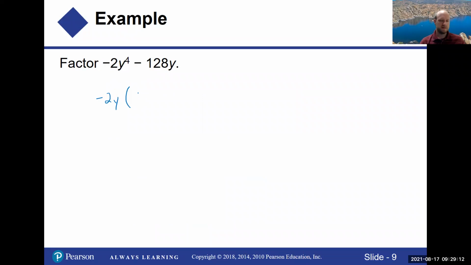So this is going to be y to the third, and then minus, let's see, 128. Oh, that's got to be a plus because when I distribute it, it's got to still be a minus, but then this is going to be 64.